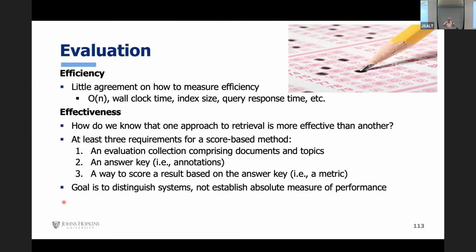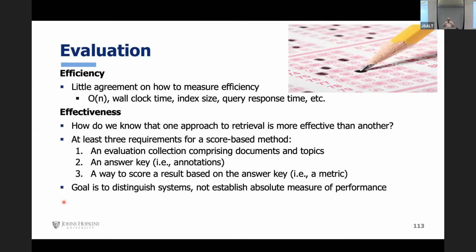The goal in measuring the effectiveness of information retrieval is not to tell you how good a system is. Nobody tries to say, your system is this good. Like BLEU score for MT, it's essentially trying to tell you how good an MT system is, right? Because if you have a BLEU score of 7, you're not going to be able to read much. If you have a BLEU score of 50, you know you're going to be able to understand the output pretty well.